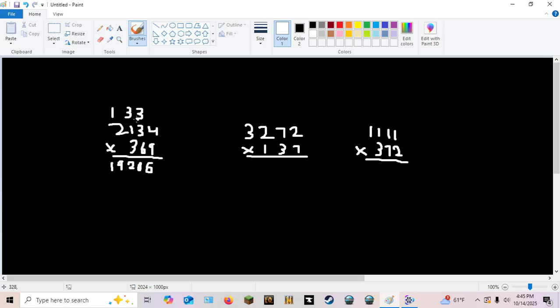Okay? But you gotta cross off these numbers. Now, what is 6 times 4? Well, you gotta put the 0 over here because this 6 is not a 6, it's actually a 60. 6 times 4 is 24.